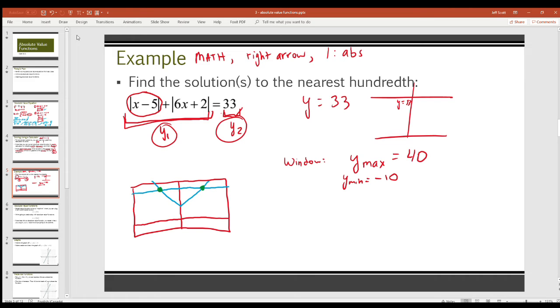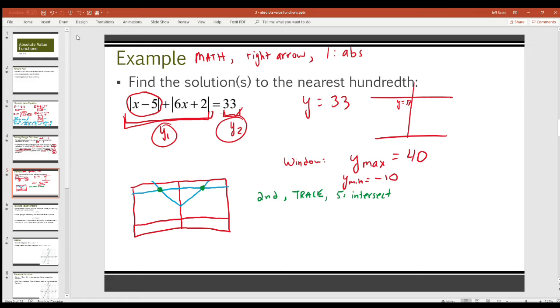Now, it's been a while since we've actually used our graphing calculator to find points of intersection, but in case you've forgotten, you can do this by pressing second and then trace. There's a bunch of different options that come up, but down at 5, it says you can find the intersect point. So you can find where these two graphs are going to meet. So I'd select that.